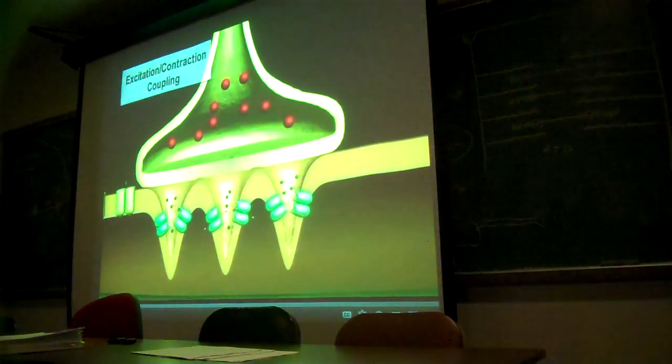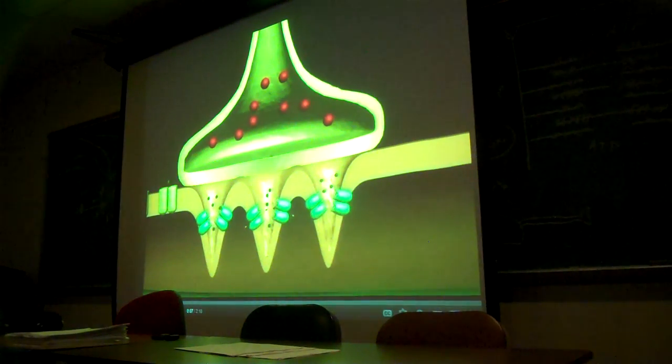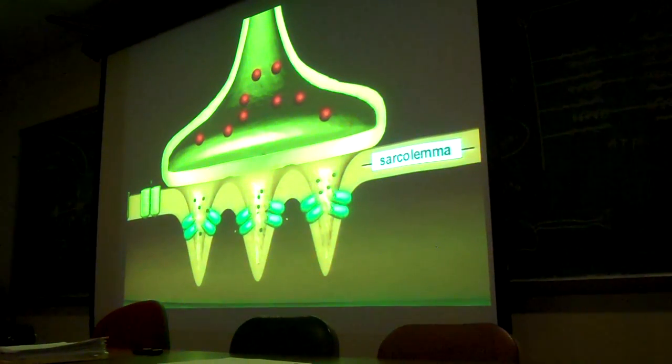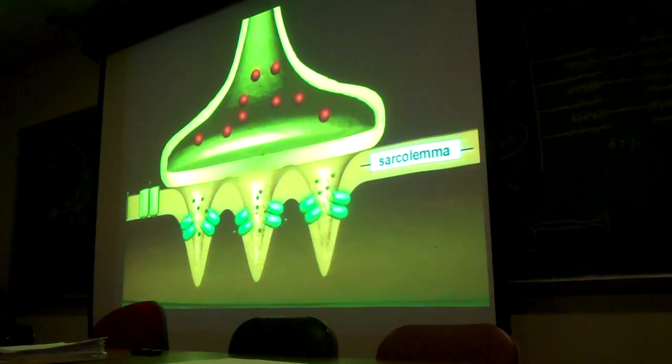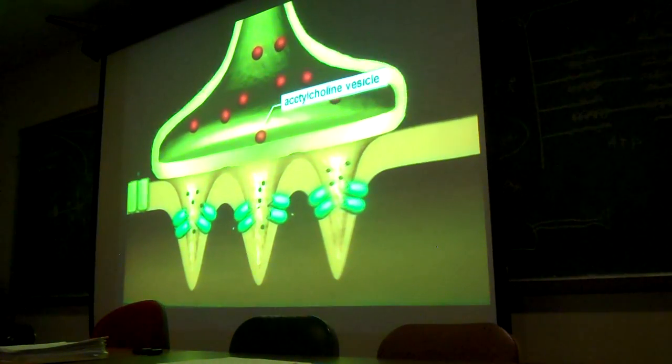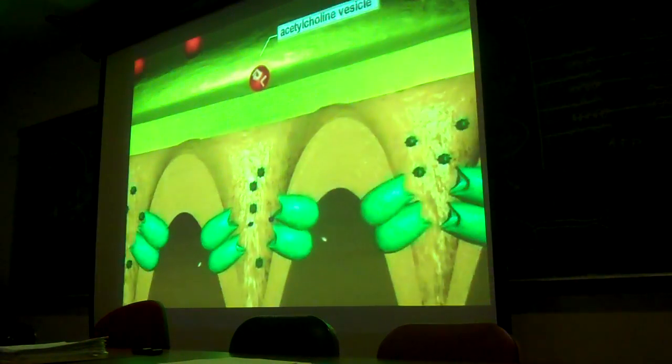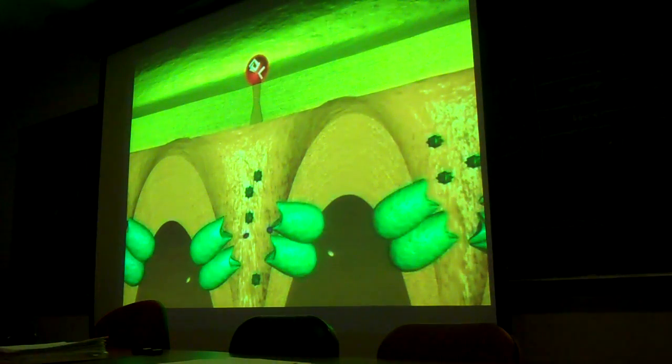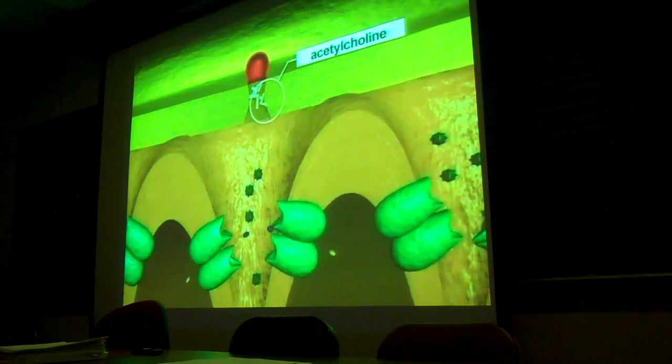The process of excitation, contraction, coupling consists of all those processes involved between the time of generation of the action potential on the sarcolemma and the actual contraction. As the action potential reaches the neuromuscular junction, vesicles containing acetylcholine fuse with the membrane of the nerve terminal, and acetylcholine is released into the cleft.